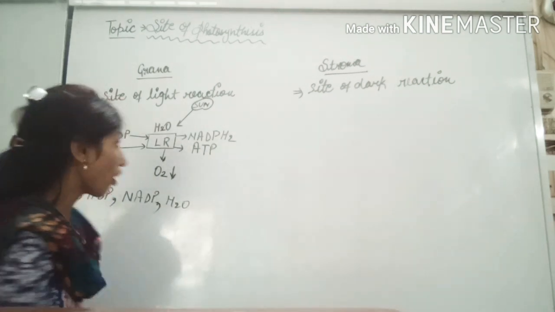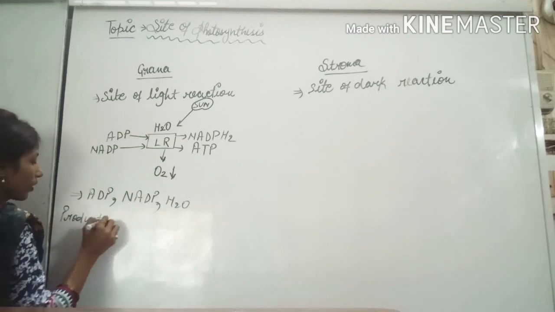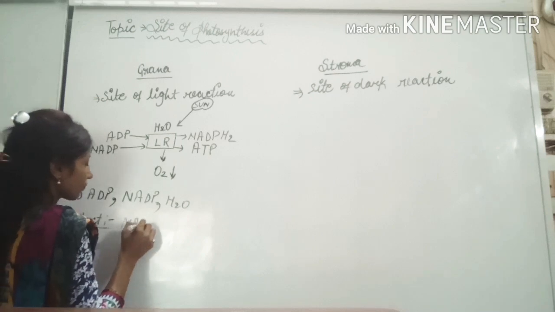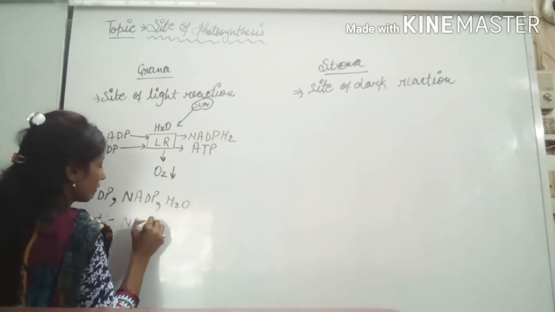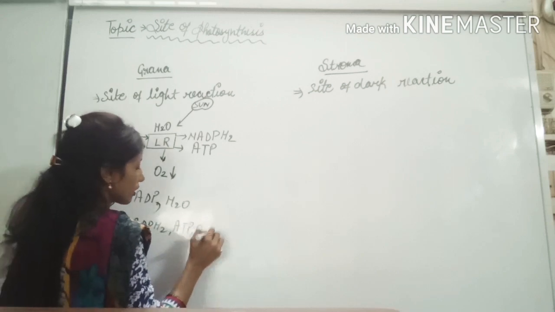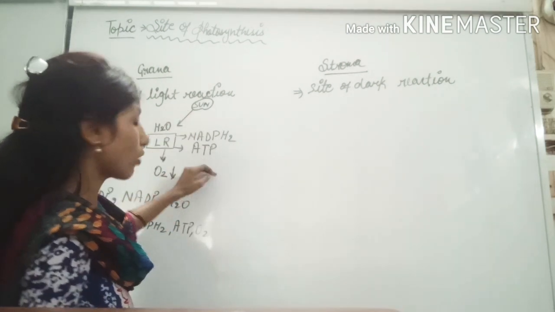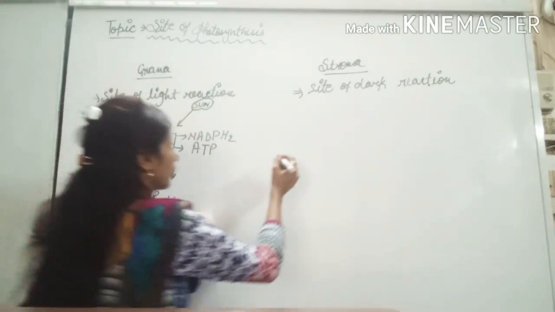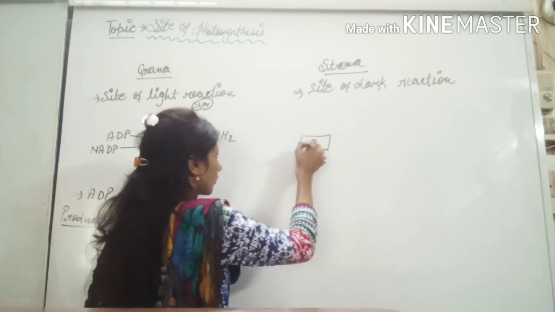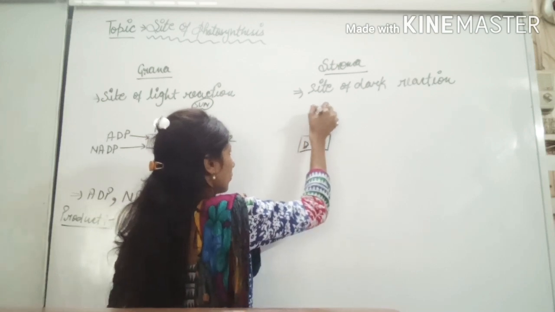And the products of light reaction are NADPH2, ATP and oxygen. Clear? Now further this NADPH2 and the ATP, see, now what happens in the dark reaction? CO2, right?